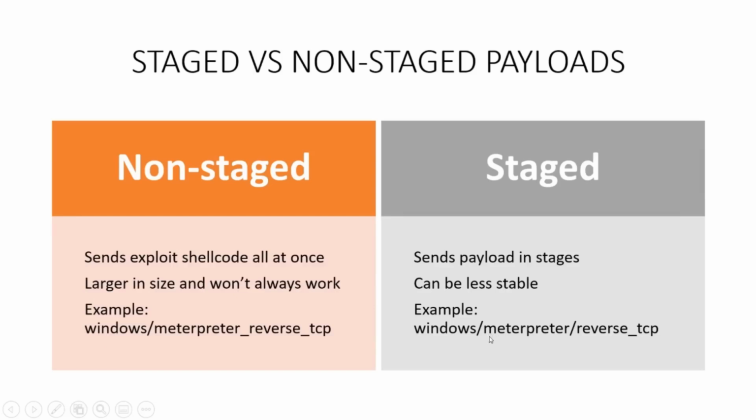But here where we see interpreter/reverse_tcp, this means we have a staged payload. What's happening? It's saying, hey, stage 1, stage 2. What's happening here? It's saying, hey, let's send this all at once. So this is going to become very important very quick, as we will attempt an exploit here very soon and it's not going to work. And then we're going to change the payload and it's going to work beautifully.